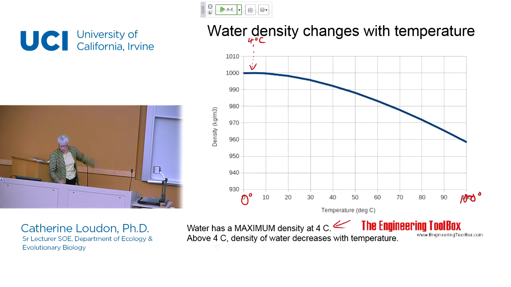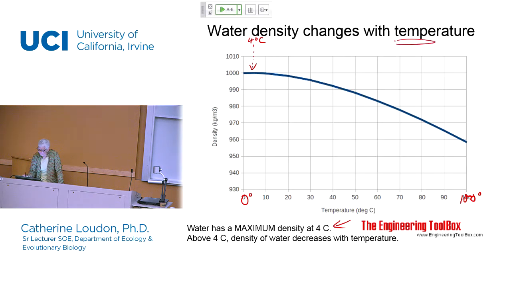At this particular scale, you don't see a huge bump there, but it is in fact a maximum at that temperature, which is very significant in natural bodies of water, because this changes how the water behaves in these natural bodies. What do I mean by that? Well, this will make a difference in whether the water columns are stable or not. What do I mean by that?